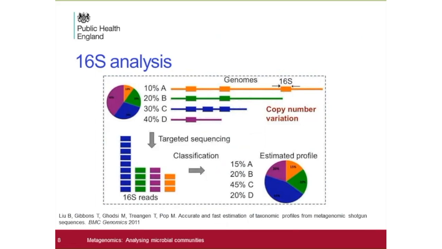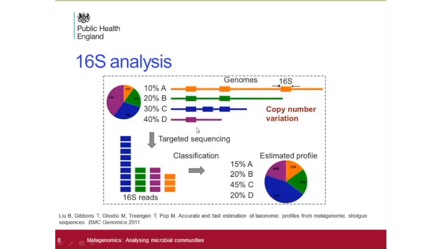Now, when we undertake 16S analysis, we need to be really aware of how we interpret the data and what the challenges associated with it are. So on this slide, the 16S gene that we use to compare organisms varies in its number across the genome.